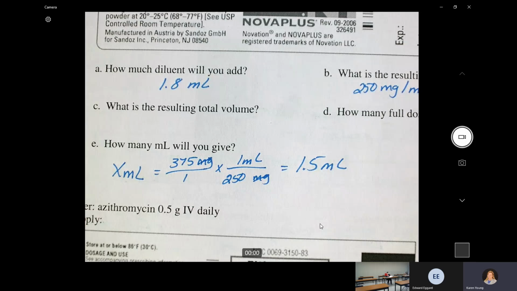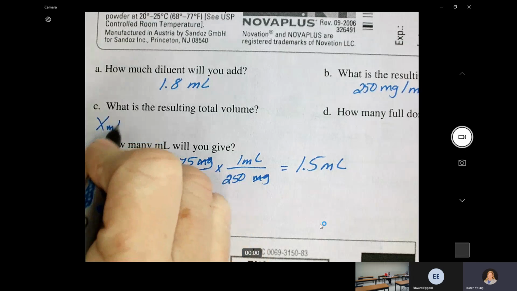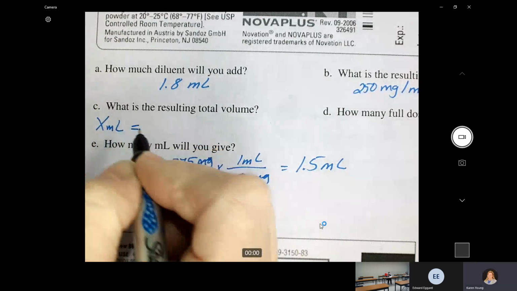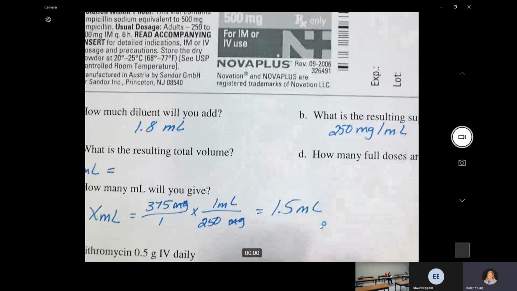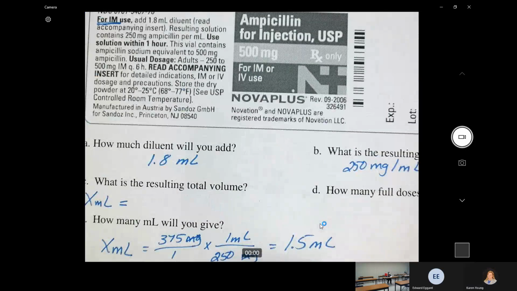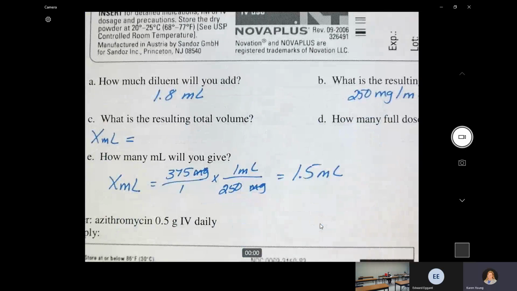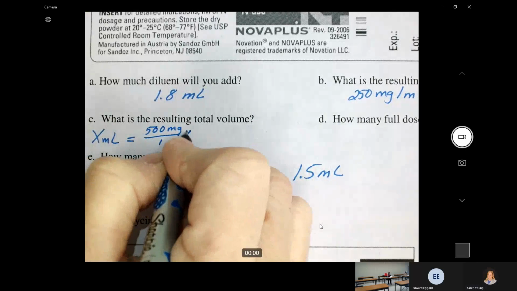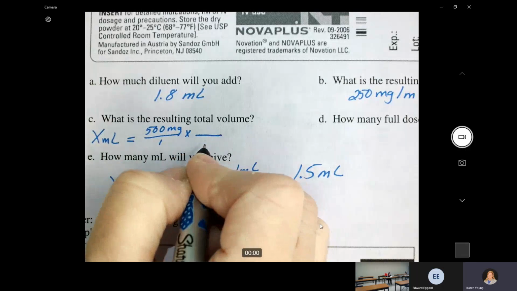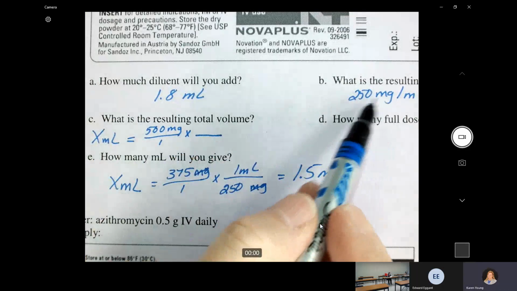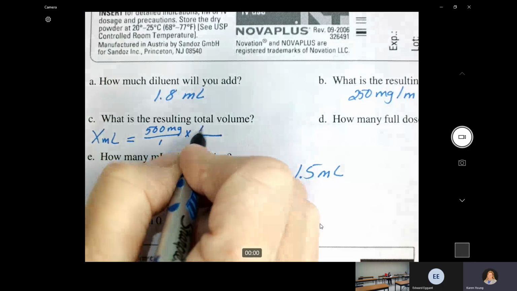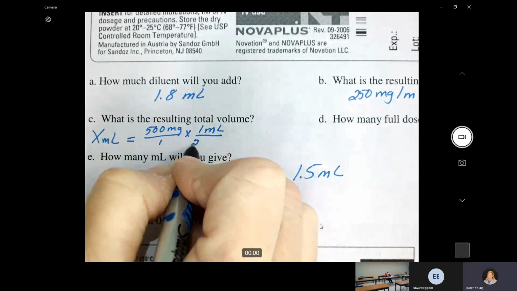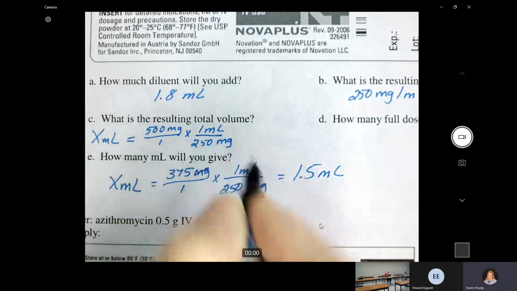But let's look at what is my total volume. Again, we're looking for milliliters. It's a total medication, and this one's got a total medication of what? 500 milligrams. I think y'all just need to wake up a minute. And then it's times my dosage, so my 1 milliliter over 250 milligrams.